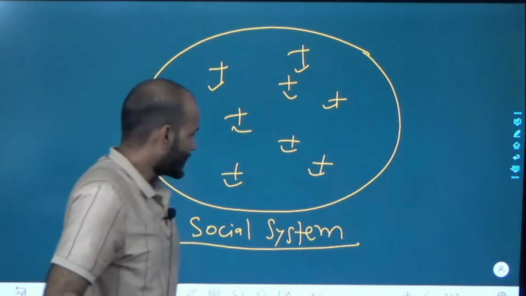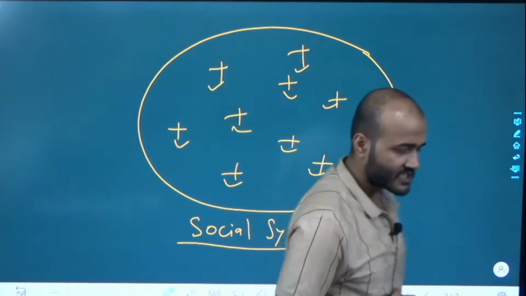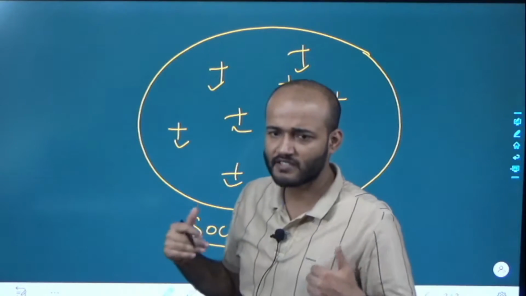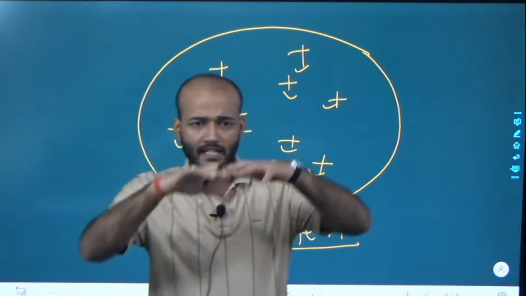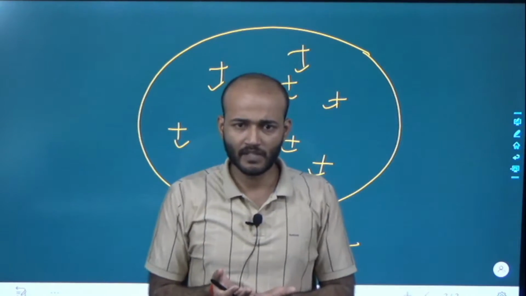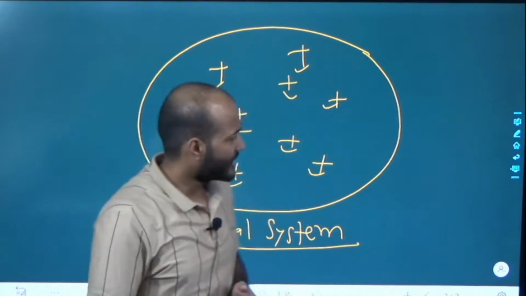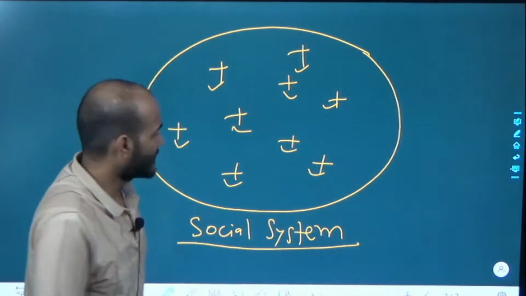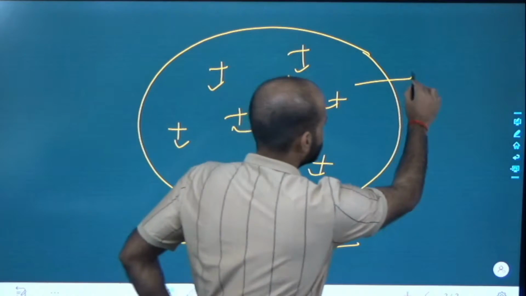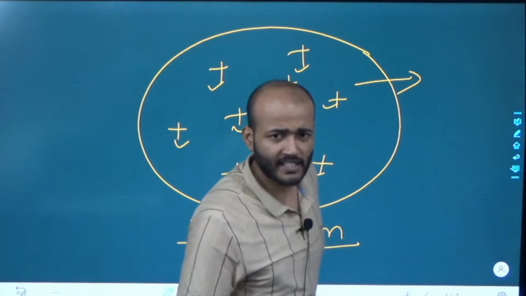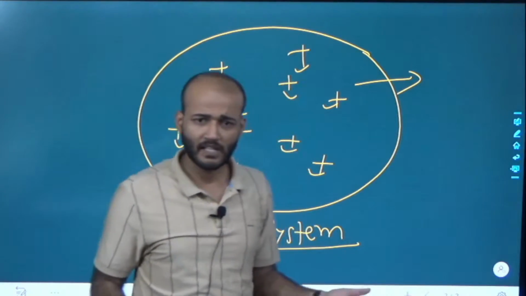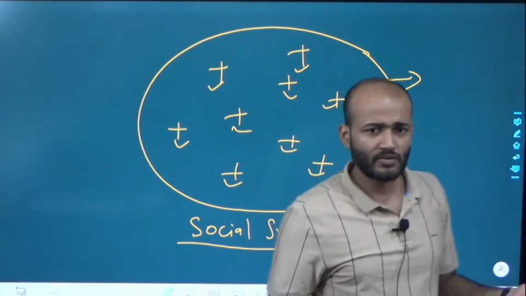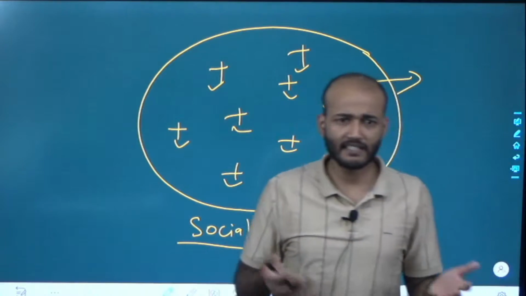Now, what is the meaning of the social system? His meaning of social system is that it is going to contain the whole society, and this society contains all aspects, the organs of society: social institution, social structure, certain norms, values, ethnicity, tradition, culture.